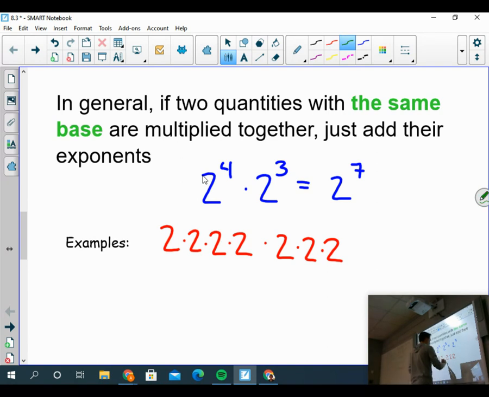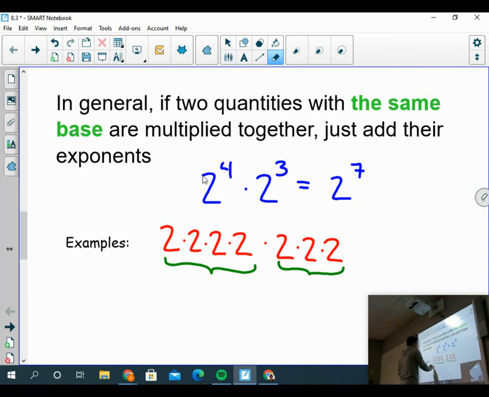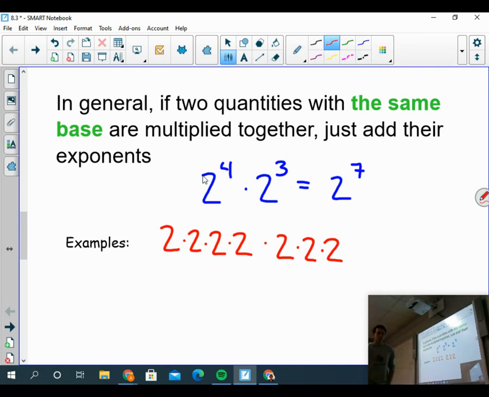And so what we have here is the written out version of 2 to the third being multiplied by the written out version of 2 to the fourth. Well, if we look at this, what I see is 1, 2, 3, 4, 5, 6, 7 2's all multiplied together. How do we shorthand write repeated multiplication of the same number?